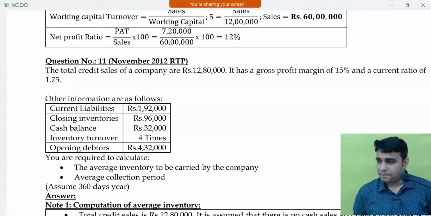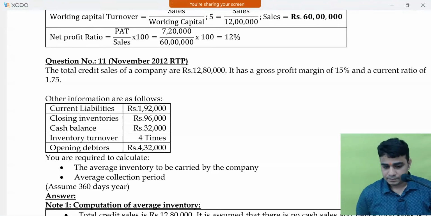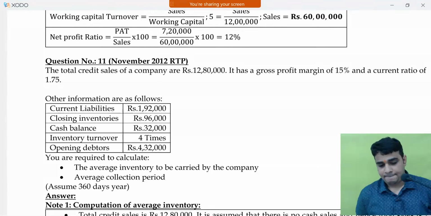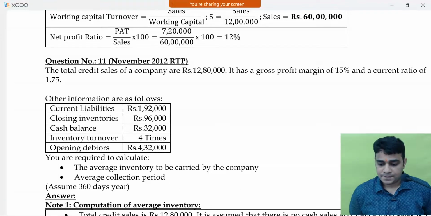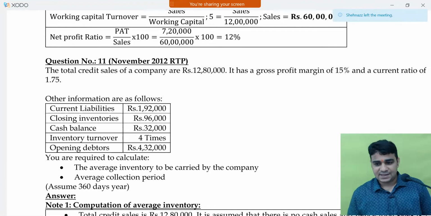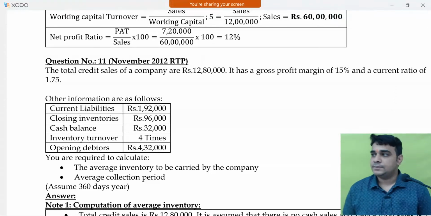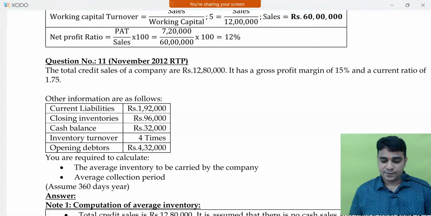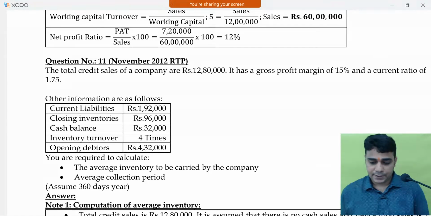It's a quick calculation, there's nothing much to do. The second part may need some calculation. First part is fairly simple, first part of the question. Second part may need some computation at your end.